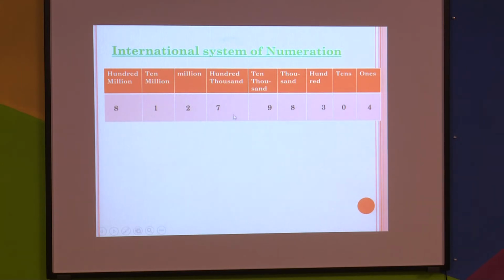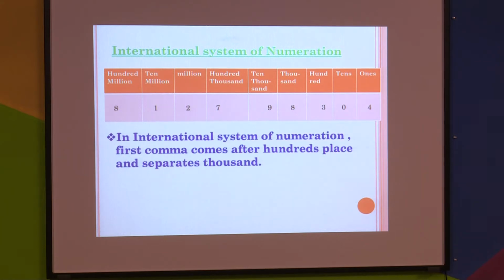Let us find where and how to give the commas. In international system of numeration, the first comma comes after the hundreds place and separates thousands. The comma comes between the thousands and hundreds place. It means the comma comes between 8 and 9.